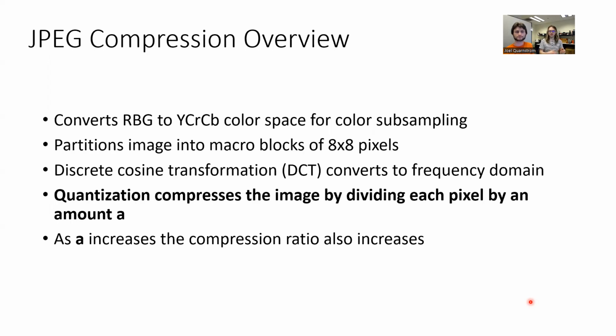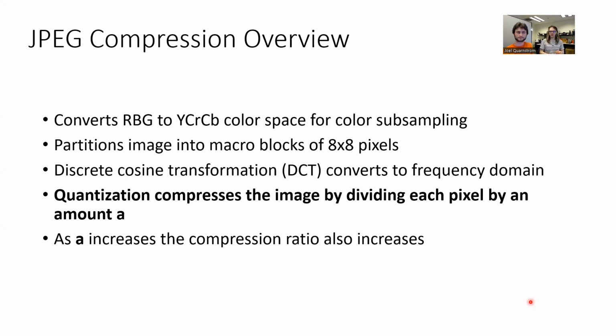So to back up and give you a little background on how the JPEG compression algorithm works, at the high level, the algorithm first converts from the RGB color space into this new color space that we haven't talked about in class, which is called YCrCb. This is somewhat similar to the hue saturation and value in the sense that we have a Y channel, which is like the value channel, but then the Cr and Cb channels are color difference channels.